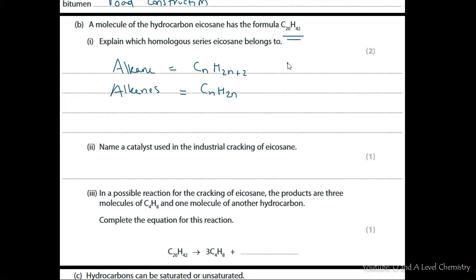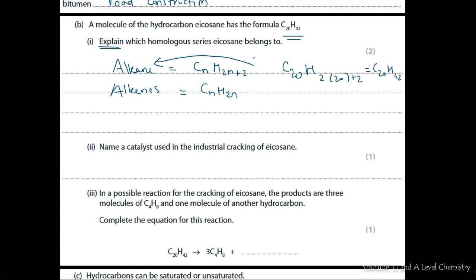So we'll compare this. This belongs to CnH2n+2 with n equal to 20, so 2 times 20 plus 2. So we see that this is an alkane. So this belongs to the alkane homologous series.